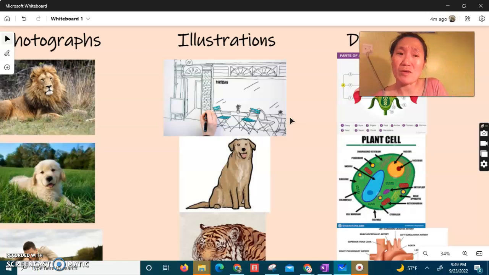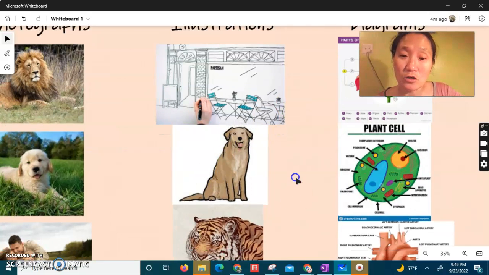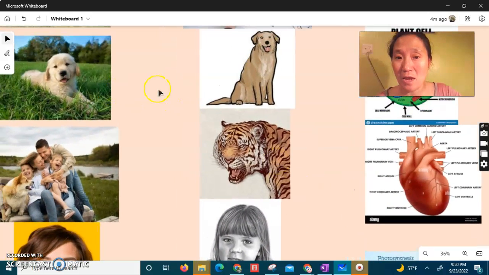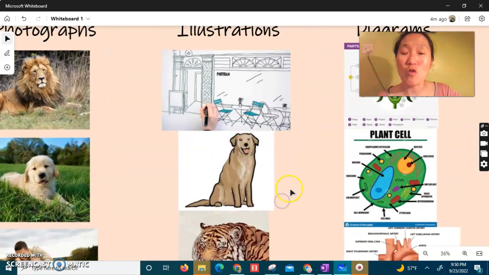Usually, well, a photograph can be considered art because it takes a lot of skill. But an actual illustration is drawn by hand, okay? So as you can see, all of these are some sort of a drawing, okay? And you can compare that to the photograph, okay? So you draw illustrations, you take a photograph with a camera.